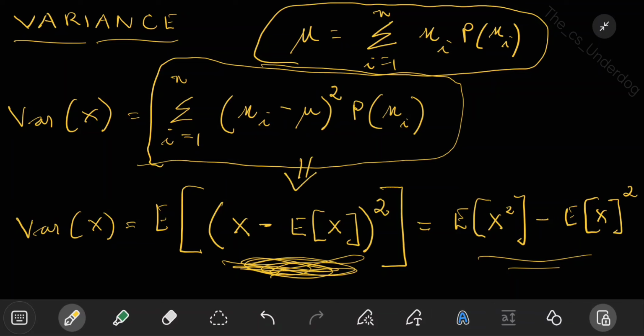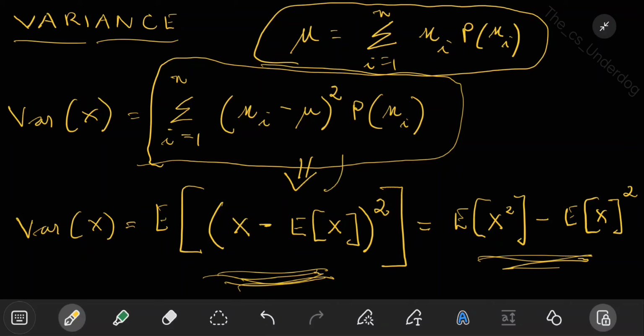So you can use either of these versions. Either you use this formula or this formula. If you are using this formula for variance, then this is the way of calculating it, okay? And one special case is, what if the probabilities of all the values of your particular random variable are equally likely.